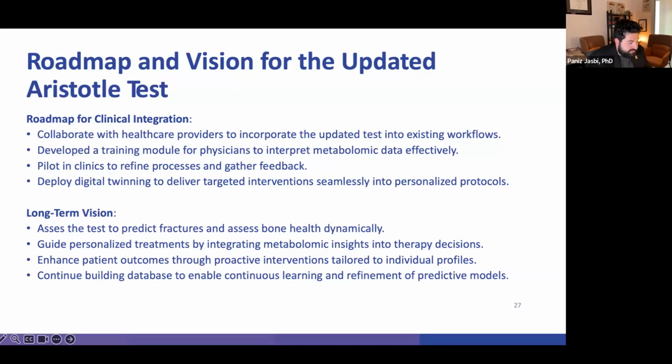And then the long-term vision, again, is to predict fractures, assess bone health dynamically, and guide these personalized treatments that you guys will implement with your patients, and hopefully see enhanced patient outcomes. As I mentioned, with retesters, given 85% compliance, we are seeing significant improvements in overall score and every single domain except the gut and mutational load.